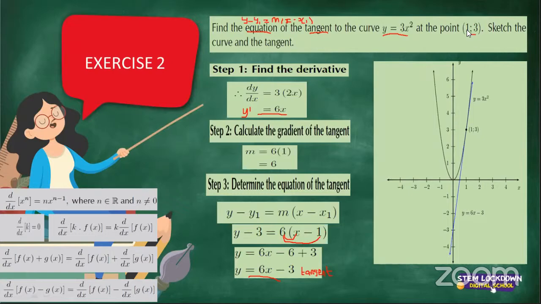If you substitute x into the function, you get the corresponding value of y. But if you substitute your value of x into the derivative, you get the gradient. Okay. Do you guys still have questions?